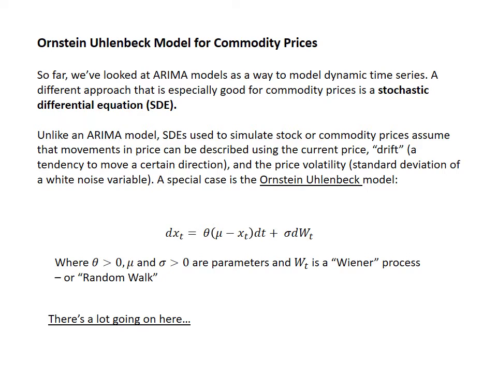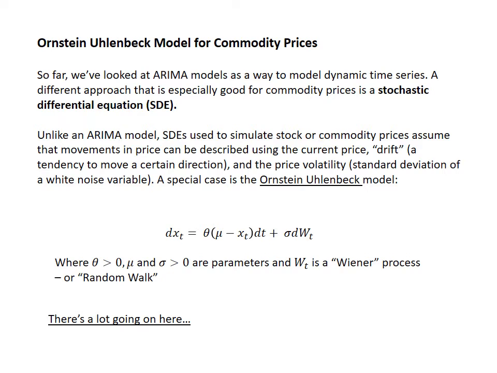And these are set up a little differently. Remember, autoregressive moving average models assume you can predict a price in a certain time period based exclusively on the values in previous time steps.